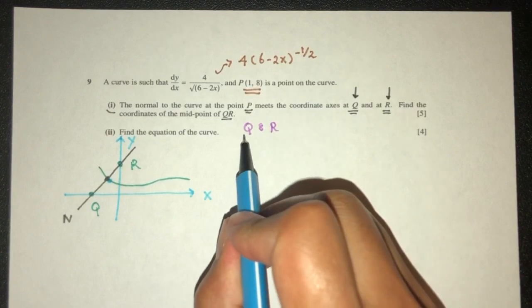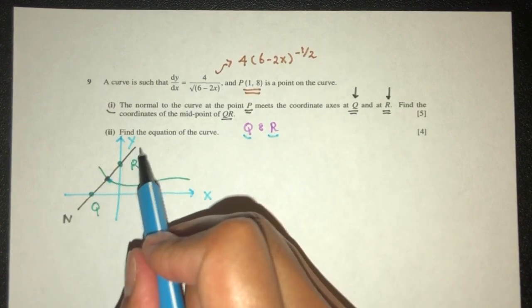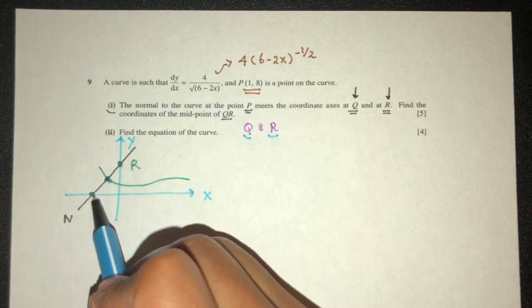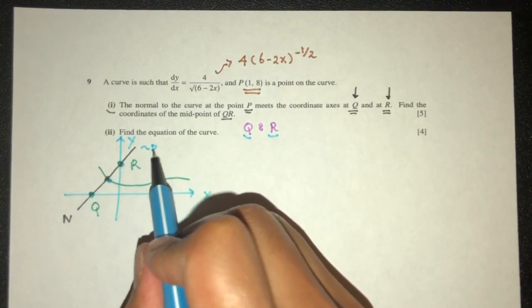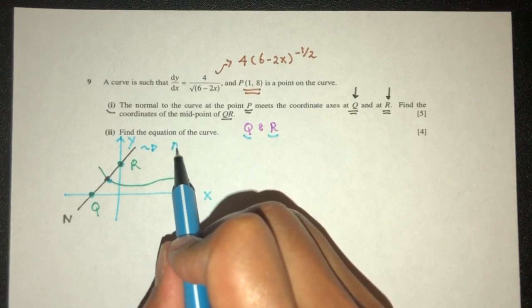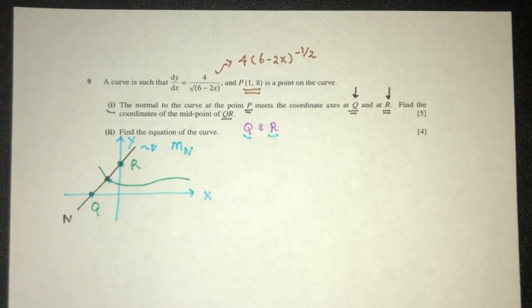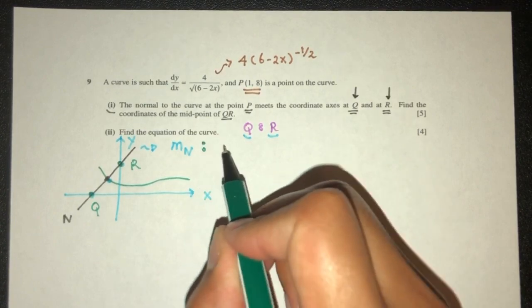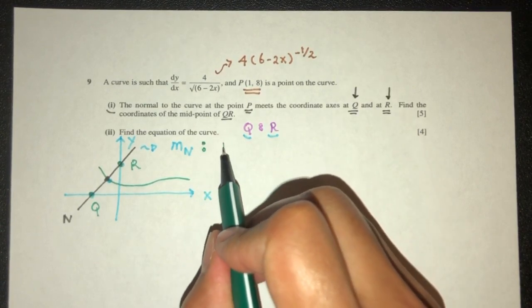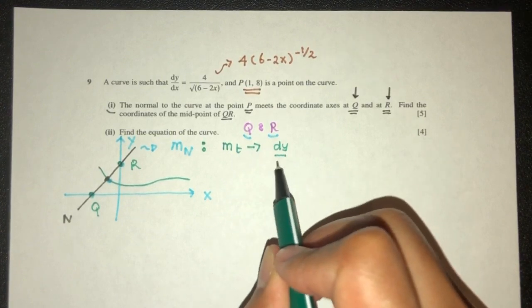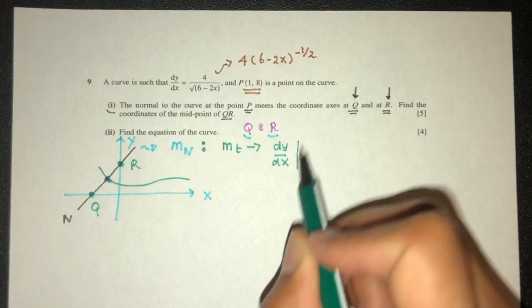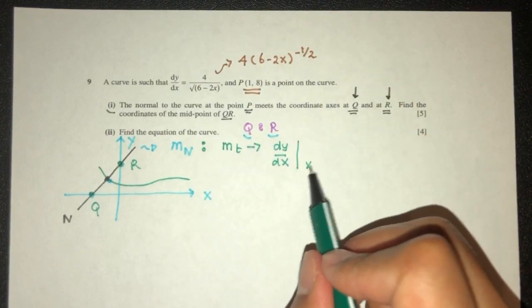Now, to find the points, we have to find the equation of the normal and find the points of intersection. How do you find the equation of a normal? It is a straight line, so we must first find its gradient. As we have seen many times before, to find the gradient of a normal, we must first find the gradient of the tangent. This is simply equal to dy by dx at the point P, where the value of x is 1.